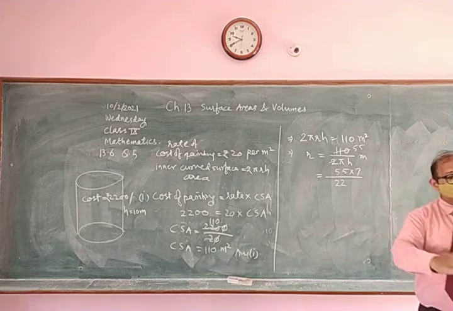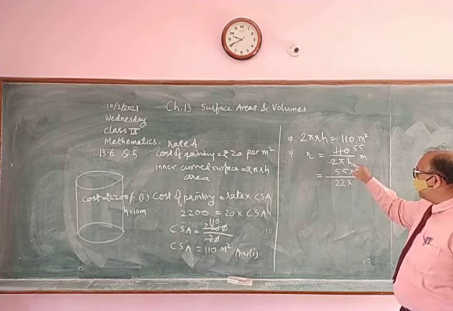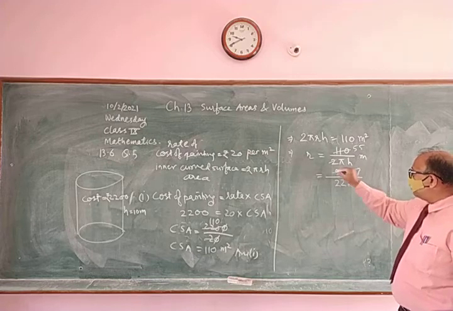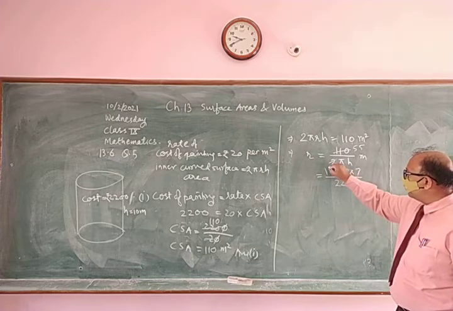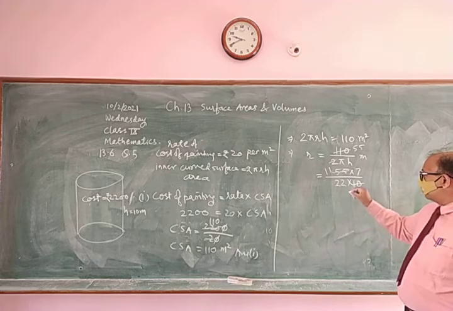22 by 7. So the denominator goes to the numerator, into h. h is 10 meter. 5 ones are 5, 5 twos are 10.